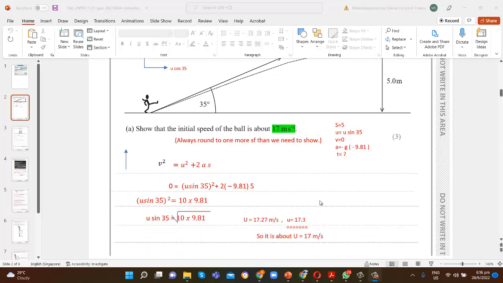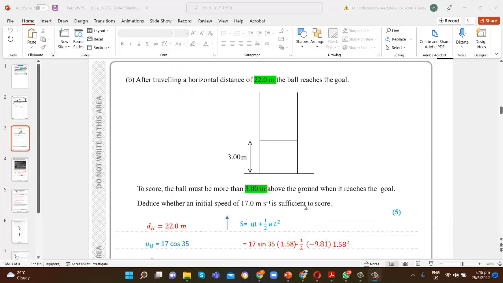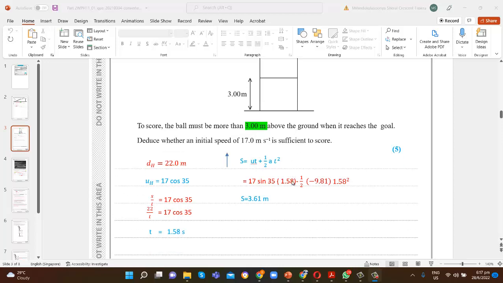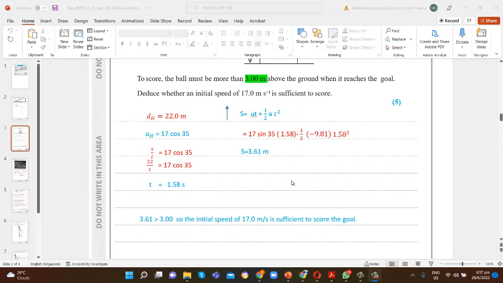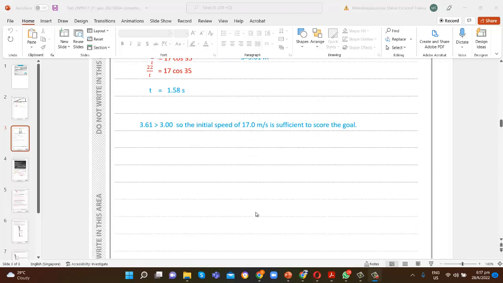So you apply that t and you will get the distance as 3.61. They are giving more than 3, we want to know whether we can score. The ball must be more than 3 meters above the ground. Yes, we are getting 3.61 meters, that means it is greater than 3. So the initial speed of 17 meters per second is sufficient to score the goal.